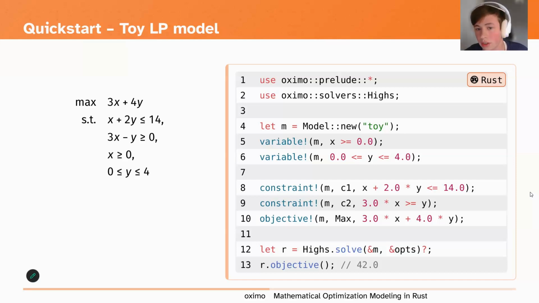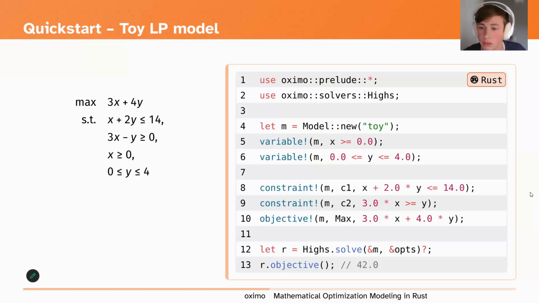Now, if you see on the right, the code is mostly based on macros. So if you are accustomed to Julia and JuMP, this will feel really similar. The first thing that we do is we import the prelude from oximo that has all the methods that we need to solve this problem, and then we introduce a solver.